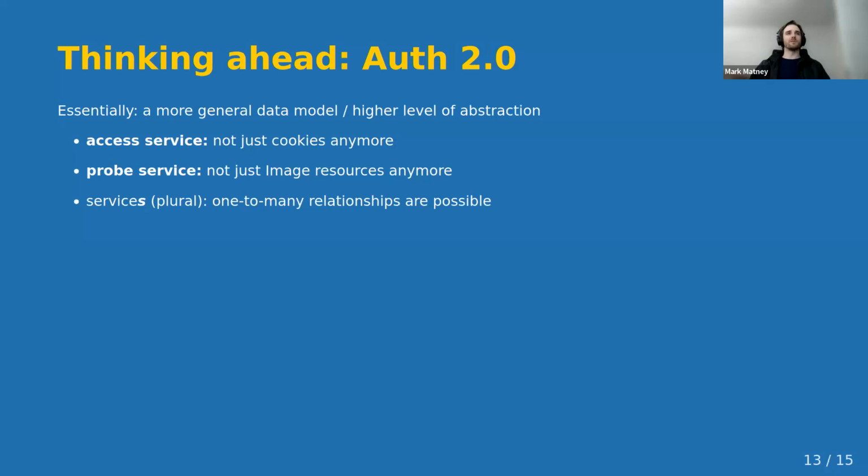So for example, the access cookie service in version 1.0 is now called the access service, and that reflects the fact that the HTTP cookie header is no longer the required authorizing aspect of a client.